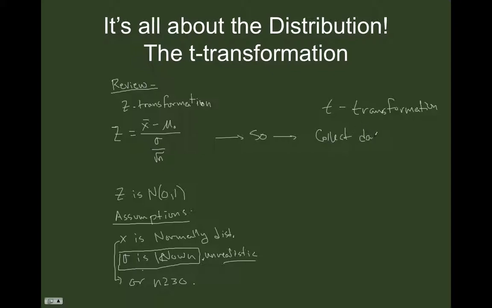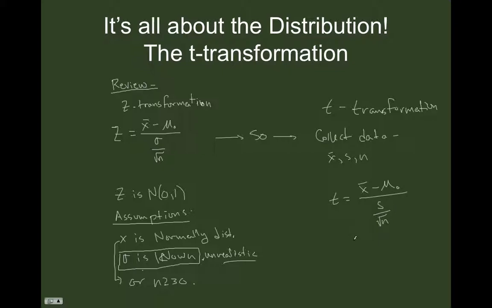So since we're collecting data, what will we know? Well, we will know x bar, we will know s, and we will know n. So the T transformation, which looks similar to the Z transformation, we're still calculating the difference between the sample mean and the hypothesized mean, but now we're going to divide by s over the square root of n.